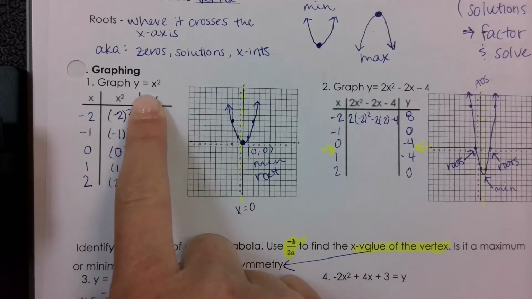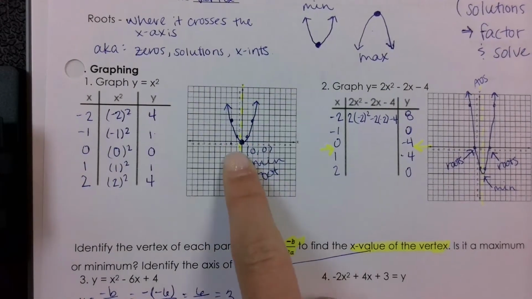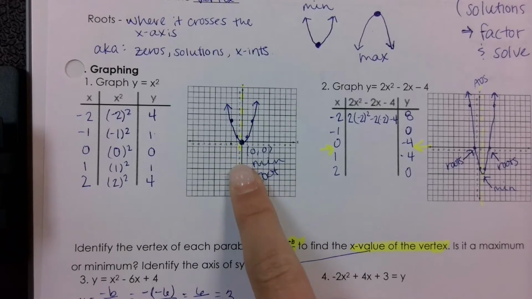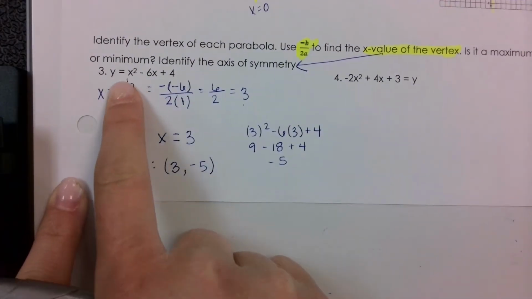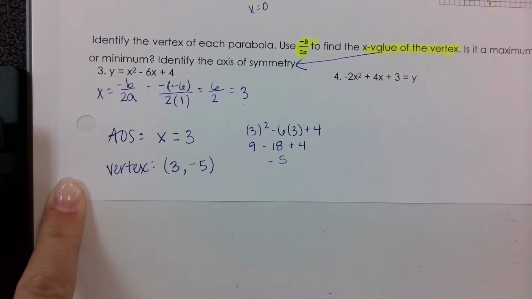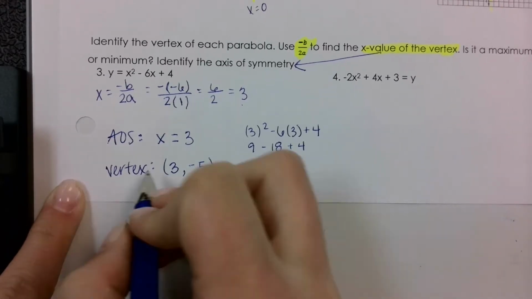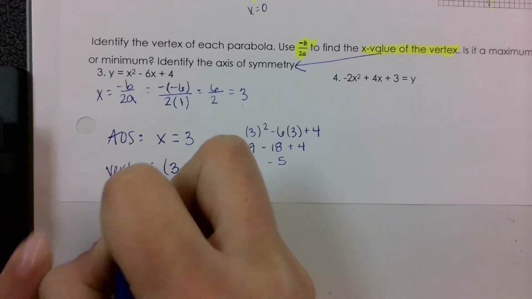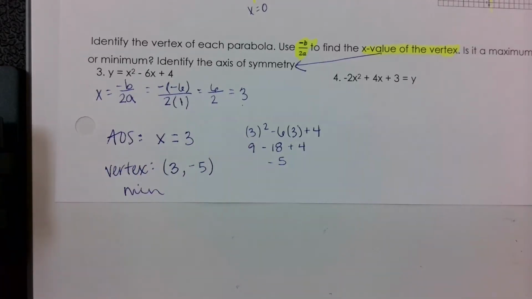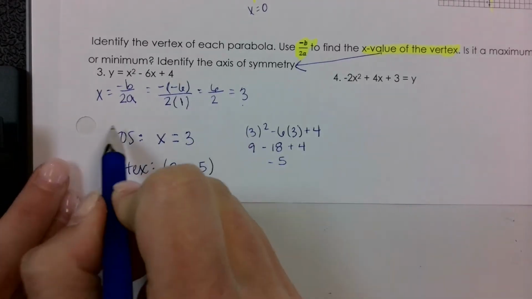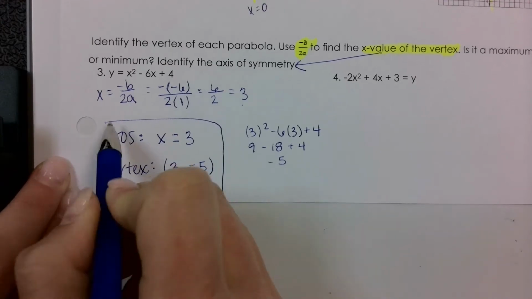Do you agree? Okay. So if it opens up, you're going to have a what? Minimum. So this one, it had a positive A value. It's going to open up. So is it going to have a minimum value or a maximum value? Minimum. And we're going to write all this on the back. We're going to do some more with that, so it'll be there. So this is all of our answers there.